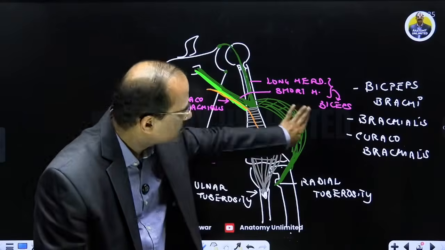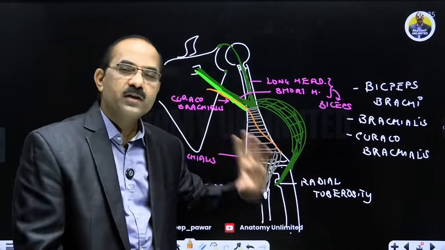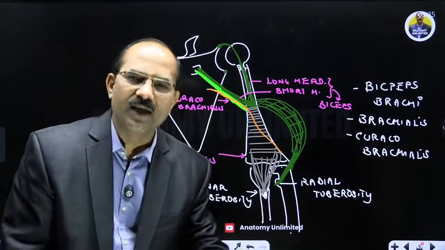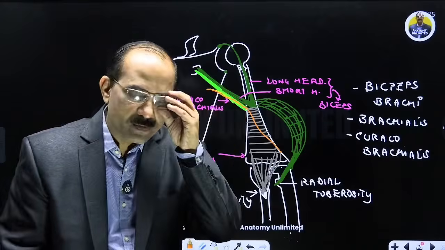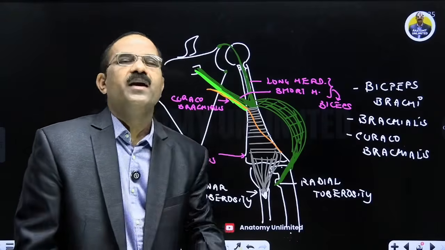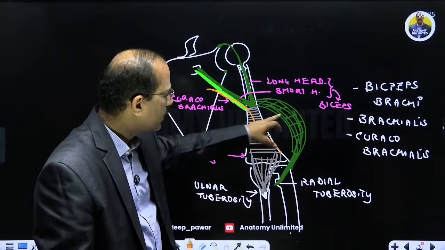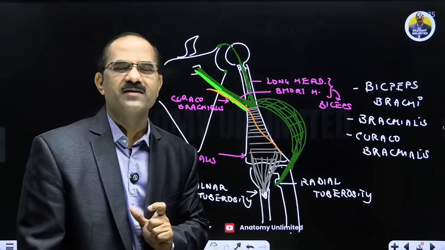We have reflected the biceps. So that's the brachialis. So the nerve is lying on the brachialis and below the biceps brachii. In other words, the nerve lies between the biceps and the brachialis. Understood?